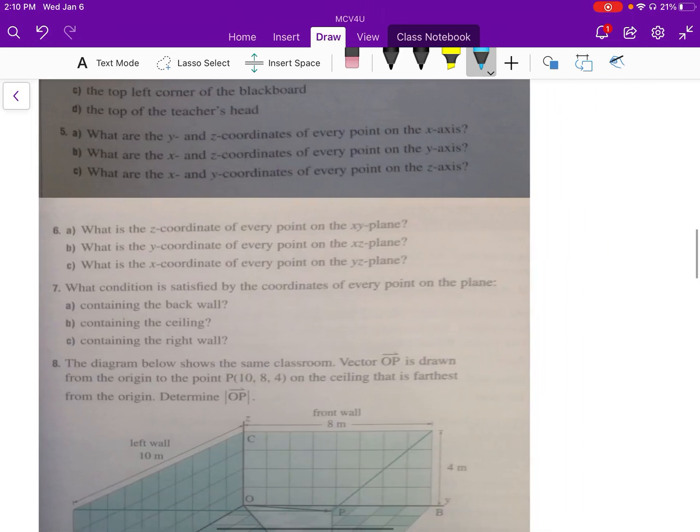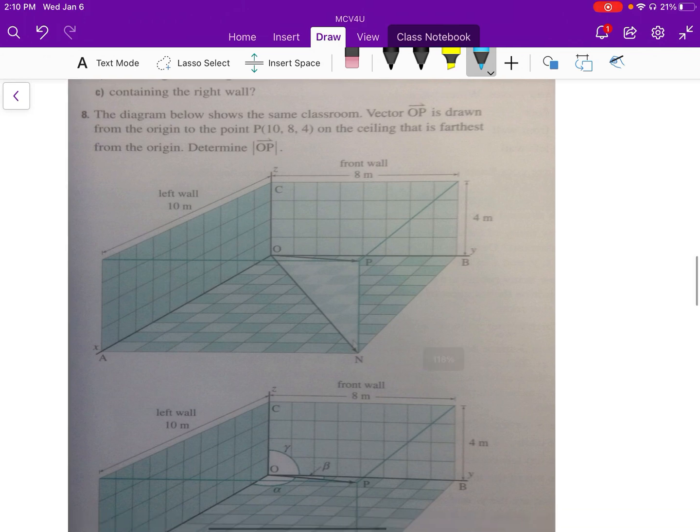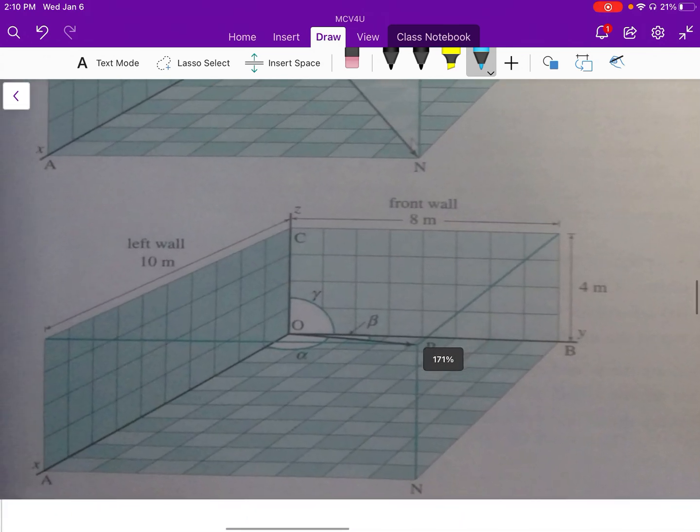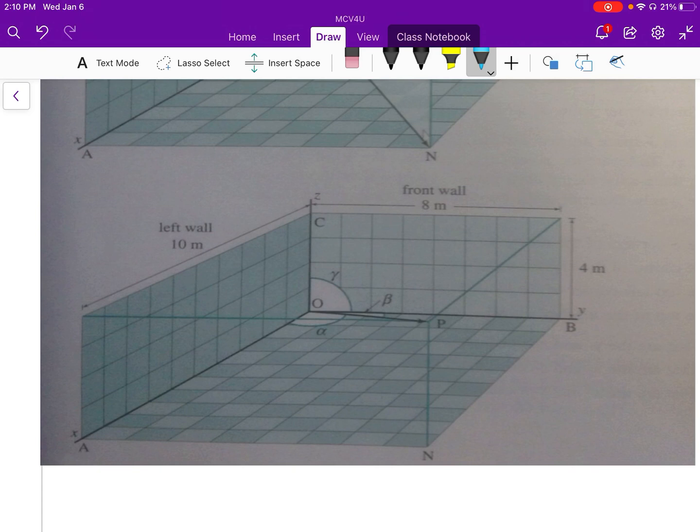So if you take a look at these diagrams, this final diagram, that you should have already looked at anyway, alpha is the direction angle for the x value. Beta is the direction angle for the y value. And gamma is the direction angle for the z value.